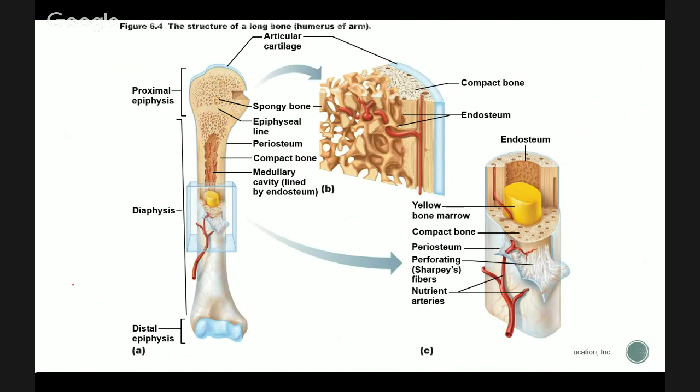Looking at this picture, what we see here is what we call a typical long bone. What we see in the long bone is that we're introduced to two different types of bone.